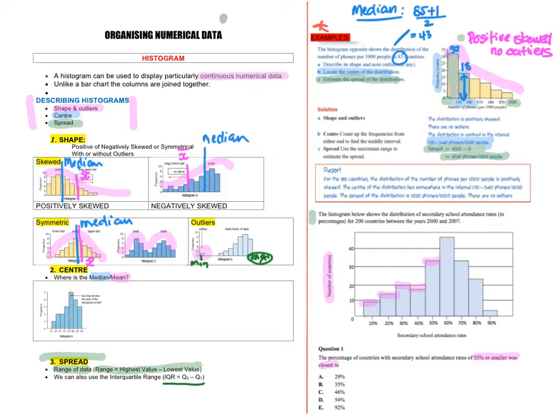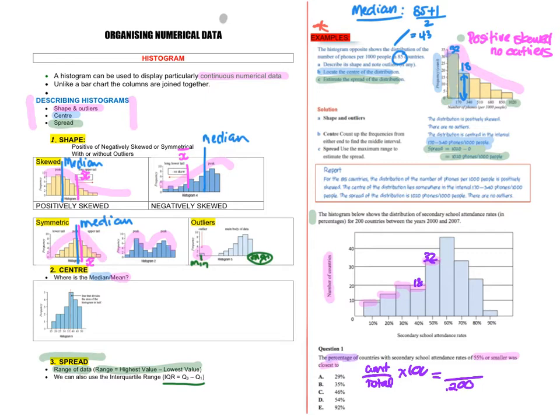Now, when they've asked me for a percentage, remember what I said the other day, always go your amount over your total times 100. The total is the 200 countries. Then we want to know how many are 55 and smaller. So I'm roughly going to go, that looks like 32 plus this one, which I might say is 18.